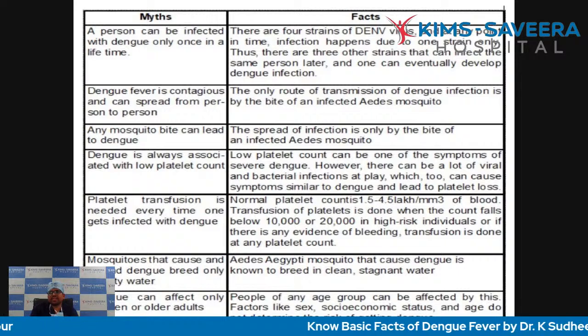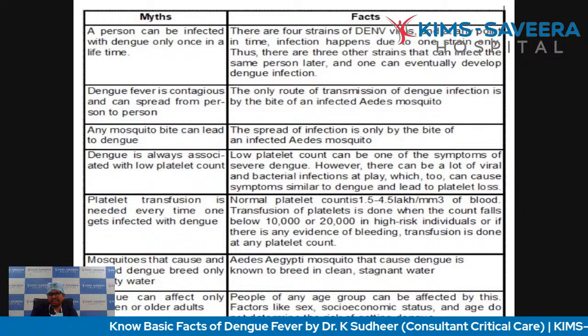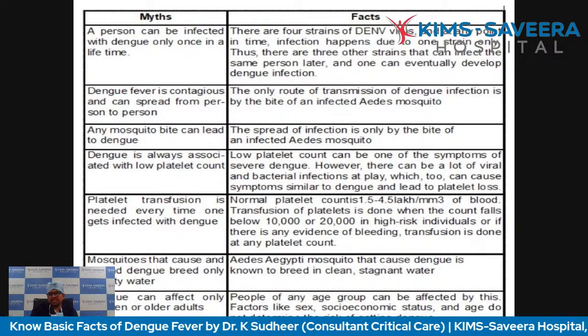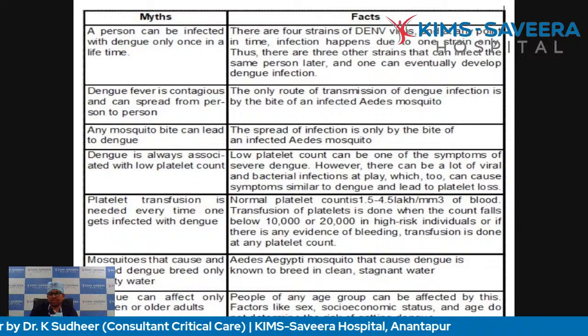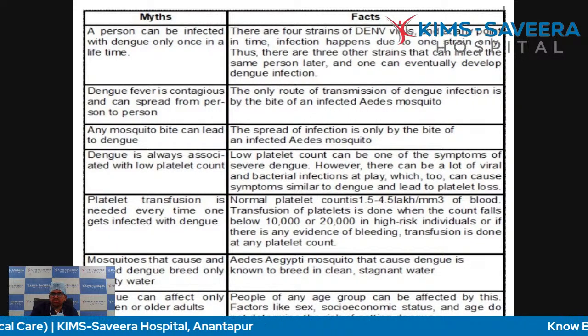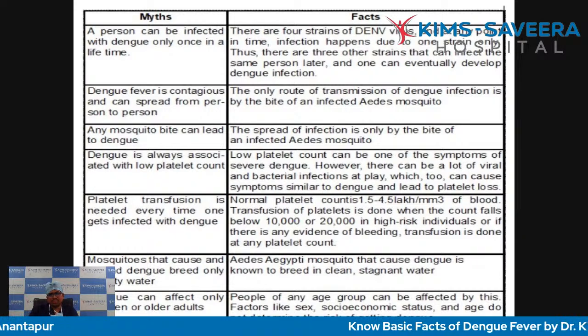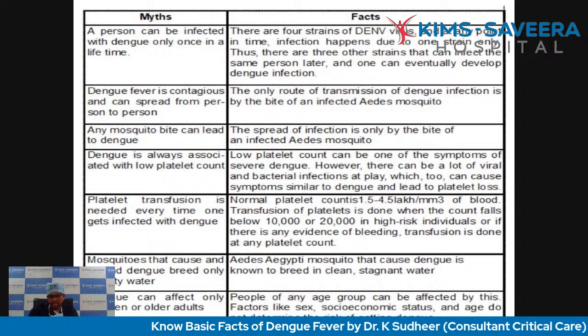We see more complications in infants and young children less than 11 years. But that doesn't mean young people, like those 20 to 30 years, cannot get infected. Those at 40 to 50 years can also get infected, irrespective of their immune status or underlying comorbidities. These are the common myths that we have about dengue fever.